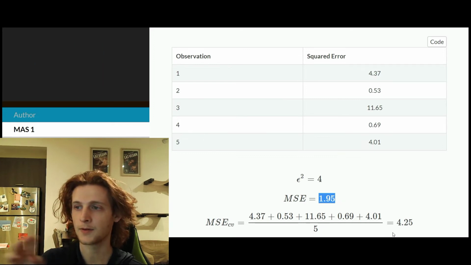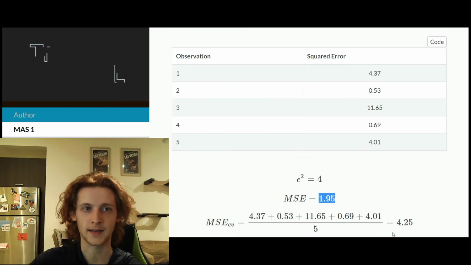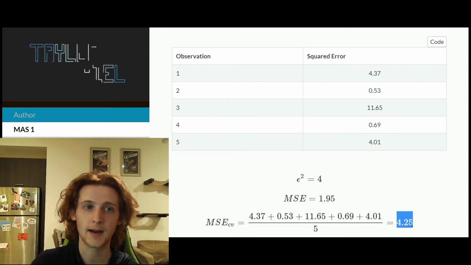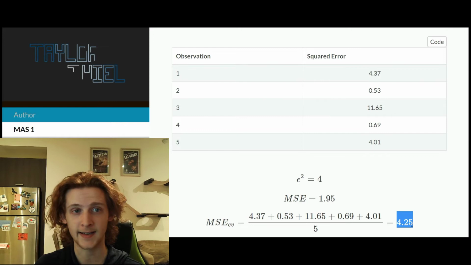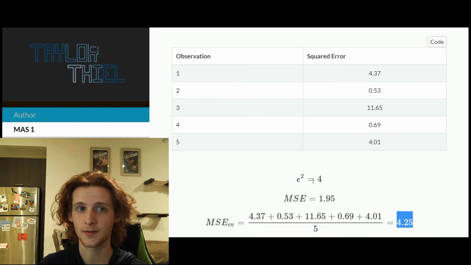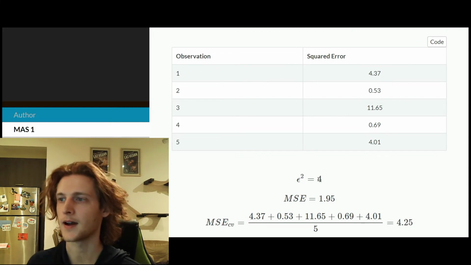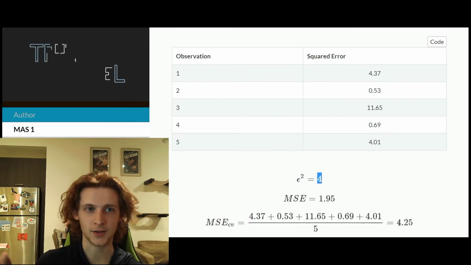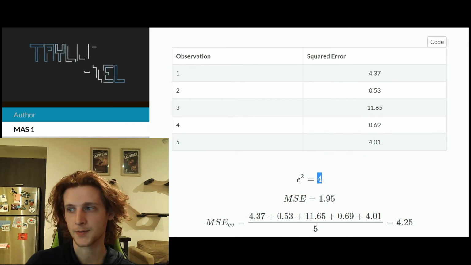If we do 4 at a time and assess on the out of sample and then take the mean squared error, we get 4.25. And since this is a simulated data set, I actually know the true random error noise, and if we square it, we actually get a value of 4. So this cross-validation mean squared error is closer to the true value.